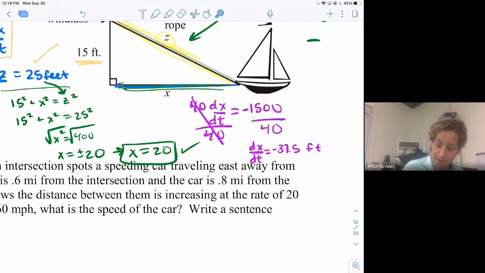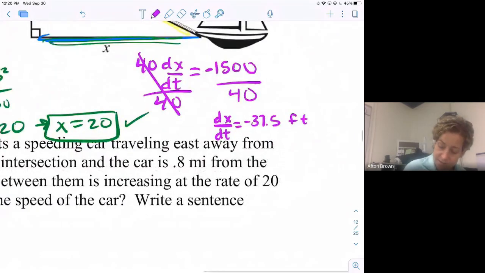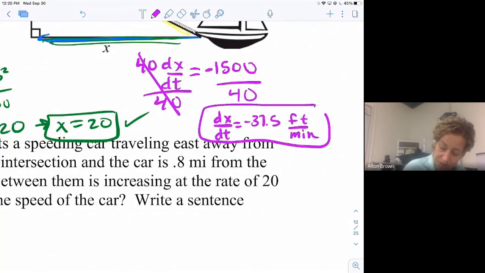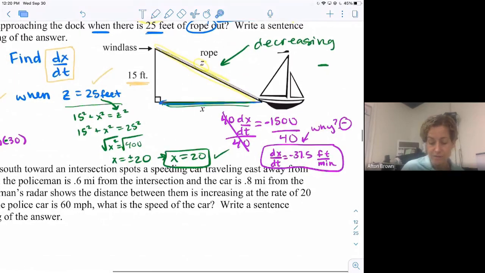And then the denominator units are time. How are we measuring time? In this question, we were measuring time in minutes. So this answer is feet per minute. Why do you think this answer is negative? Why is this rate negative? And does it make sense? Does it make sense for the rate of change of x to be negative in this question?